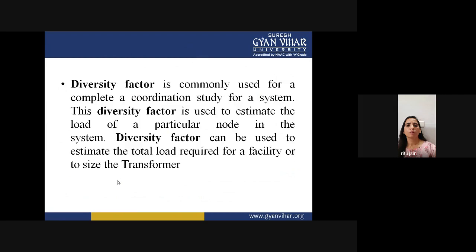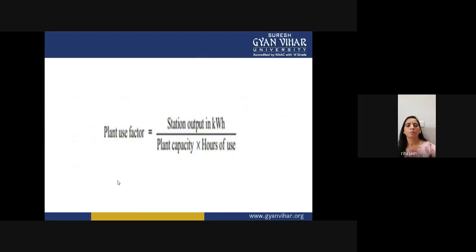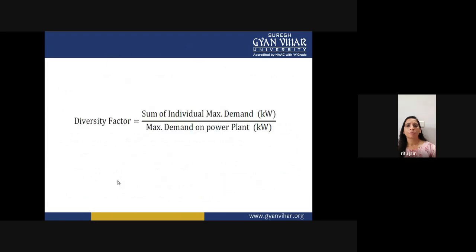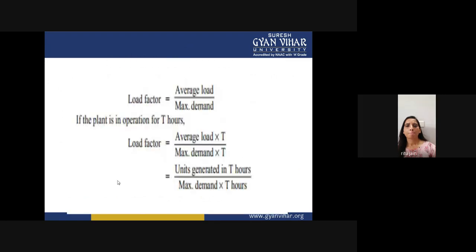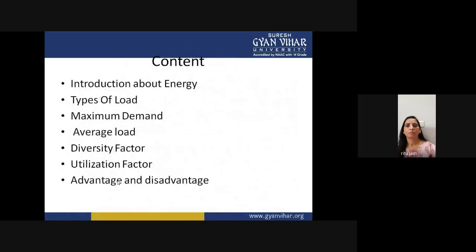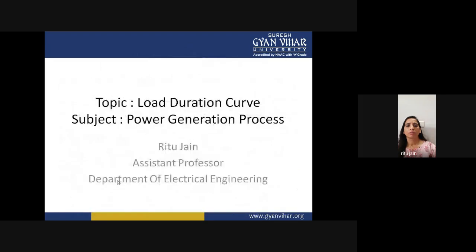So you can easily understand by these books or some NPTEL lectures. So this is all about your load duration curve, by which you can easily understand the different factors which are important for your power generation plant. Thank you.